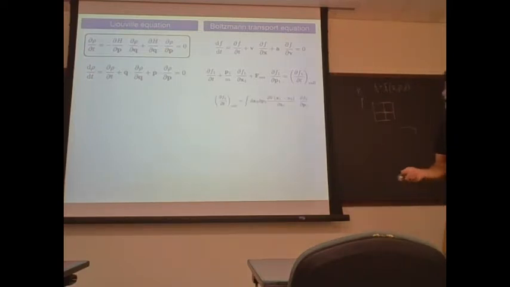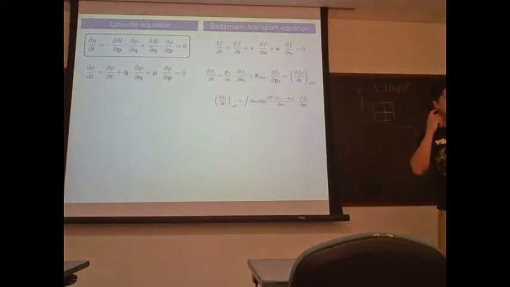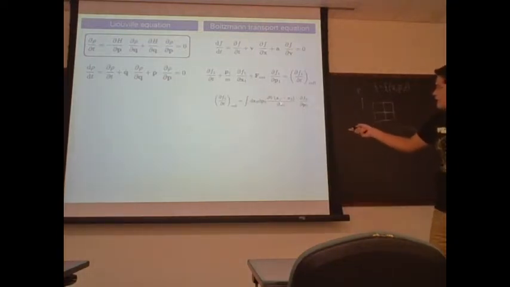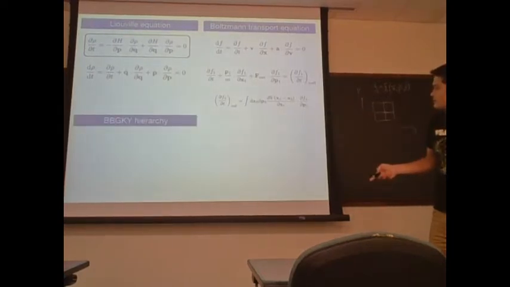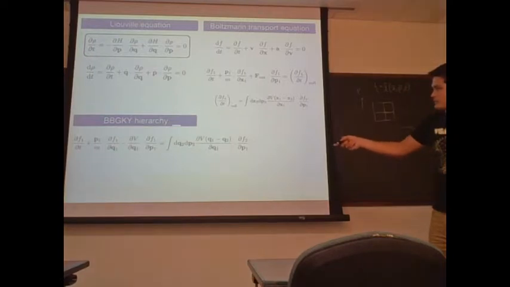Now, if we have pairwise forces defined between any two given particles in the system, we can express the collision integral as basically an integral over a two-body distribution function, because the forces depend on the relative locations of two particles. Let's say we plug that into our equation, and I'll explain what this means in a second.